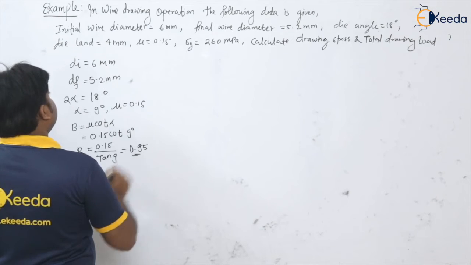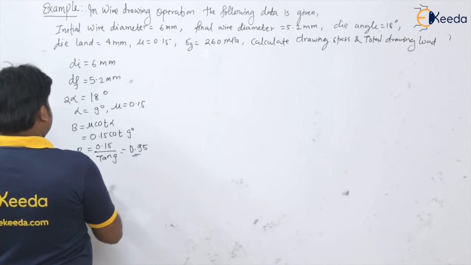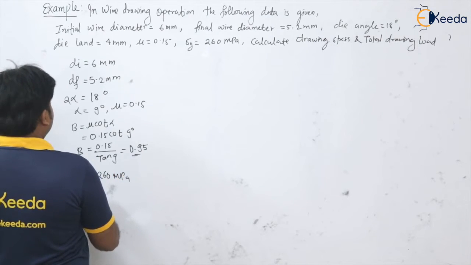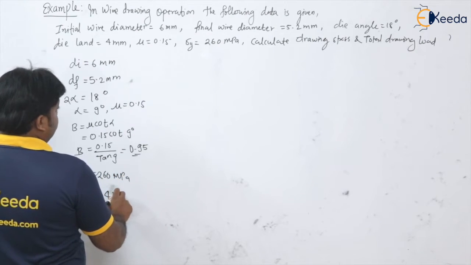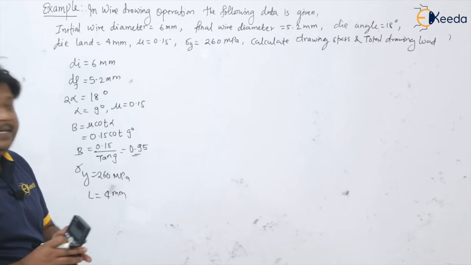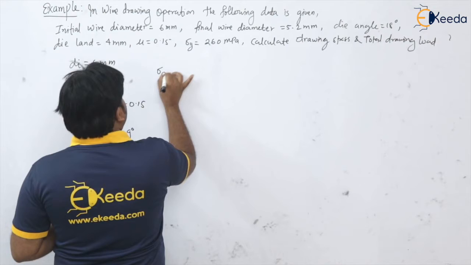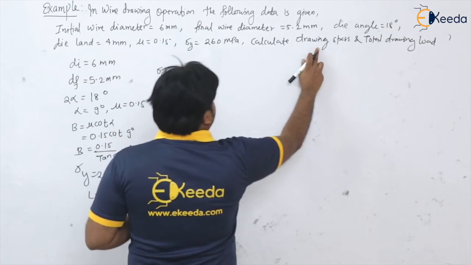This is our B value. Yield strength of the material is 260 megapascal and capital L is the die land, 4 millimeter. Now we first have to calculate sigma D, the drawing stress.